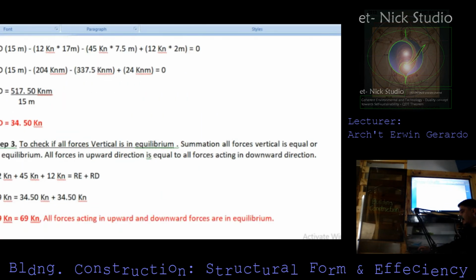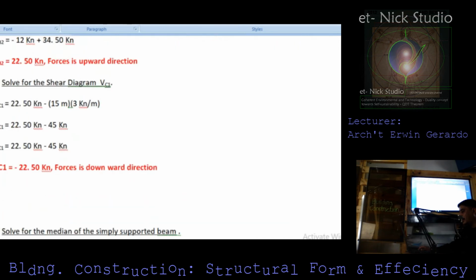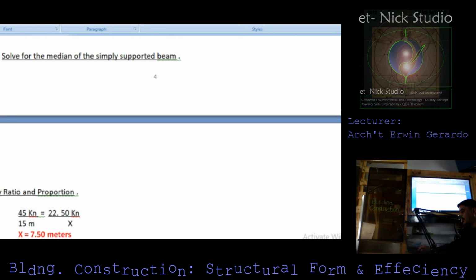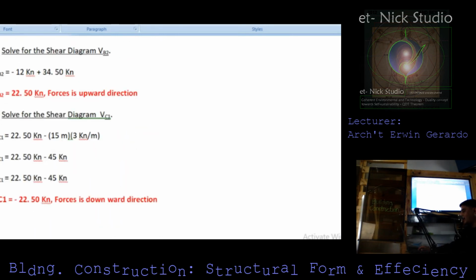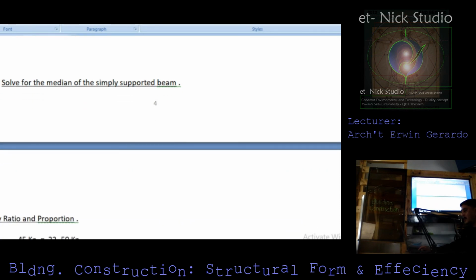So this is how important it is to interpret the solution once presented in a shear diagram. You need to see how it is actually correlated to your moment diagram. Now solve for the median of the simply supported beam.